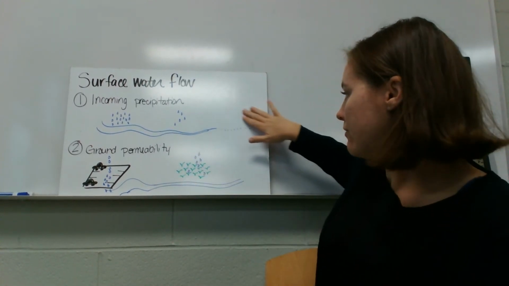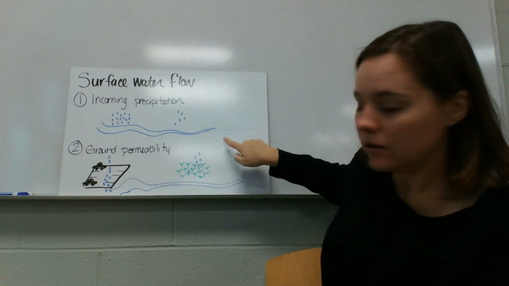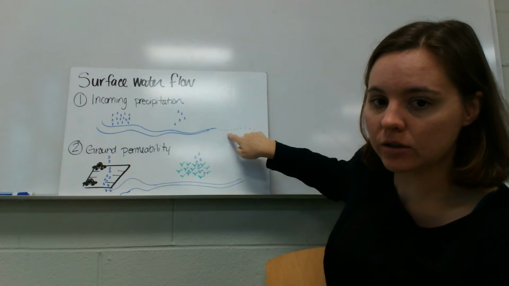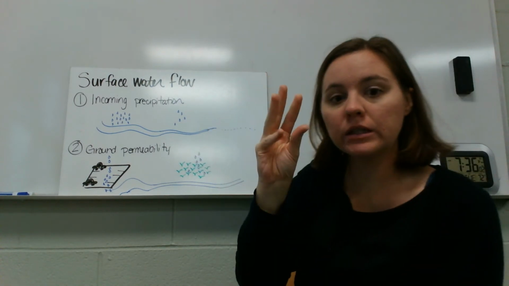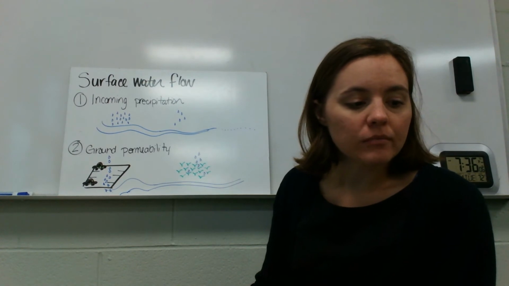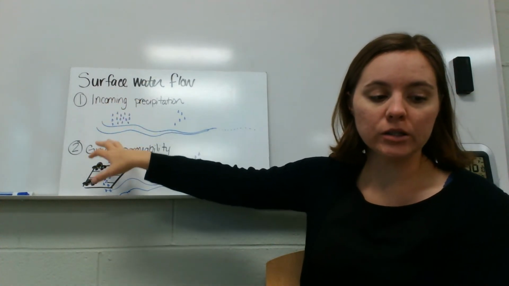And if you don't have any rain for a very long period of time, no precipitation, your stream or your lake or your river might start to get really small in volume. So if we have more precipitation, we have more water in the surface water.